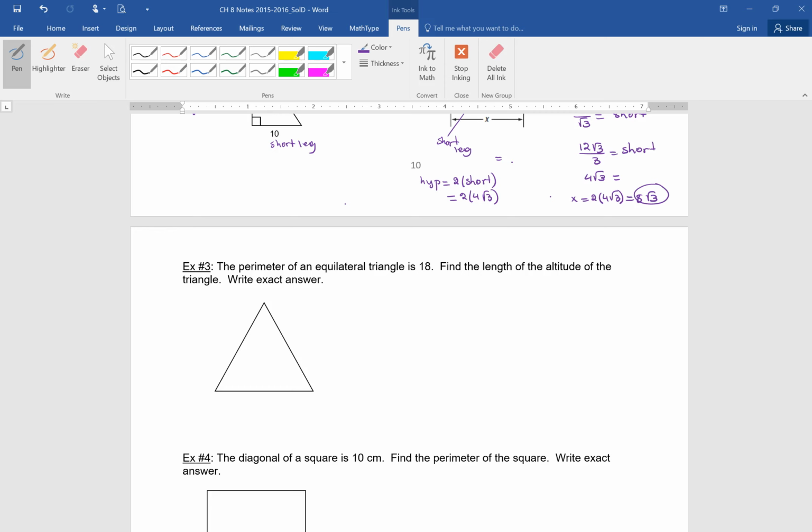Don't round. No decimals, just radicals. Okay? Because decimals are never the exact value of something. When you convert something to a decimal, you're rounding. Okay? So it's never the exact answer. Meaning, if it says write the exact answer, that means you have to leave in radical form.